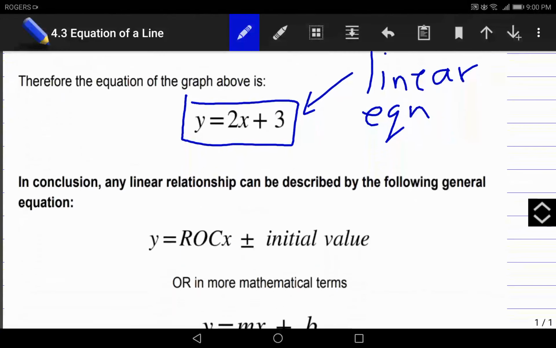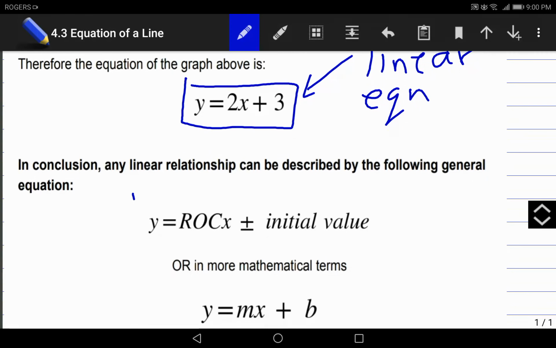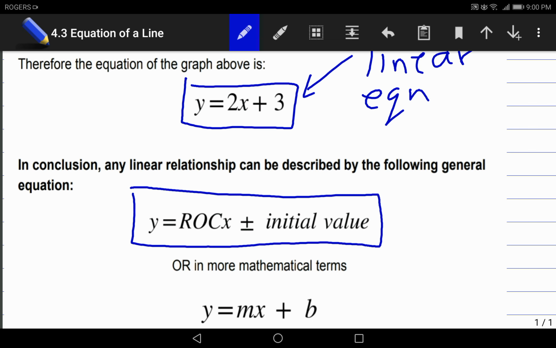So any linear equation can be generally described by this equation right here. And that is y equals your rate of change times x, and then plus or minus. I put plus or minus there because it could either be a positive y-intercept, but it can also be a negative y-intercept.